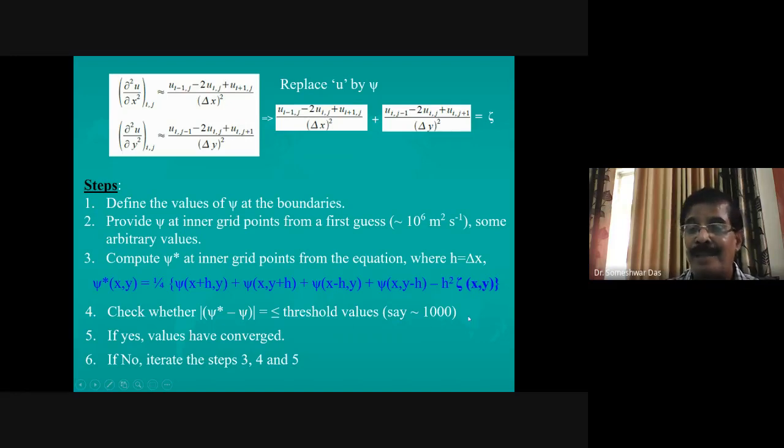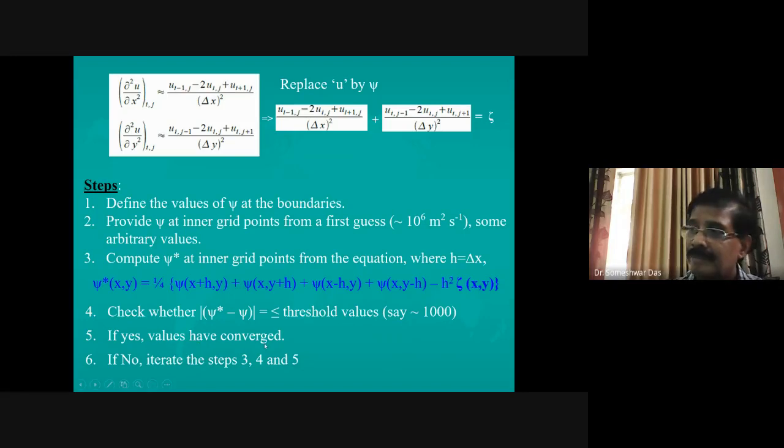For temperature, you cannot use this much, right? Because temperature is 20, 30, 40, or maybe minus 10, minus 20 if you are going up in the atmosphere. So it depends on what value you are trying to iterate and converge, right? For the case of stream function, this much tolerance is okay because its actual magnitude is 10 to the power 6, and this is only 10 to the power 3, so no problem. If yes, that means convergence is reached. If no, then iterate 3, 4, 5 times.